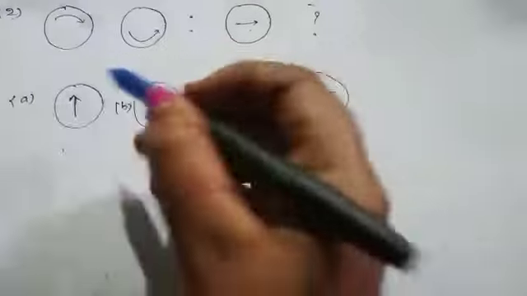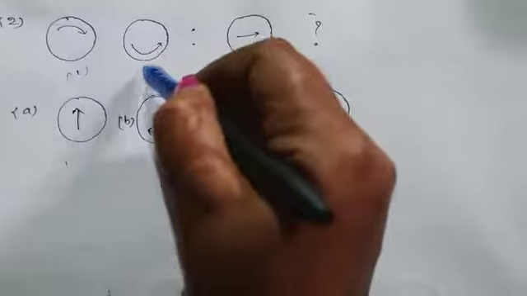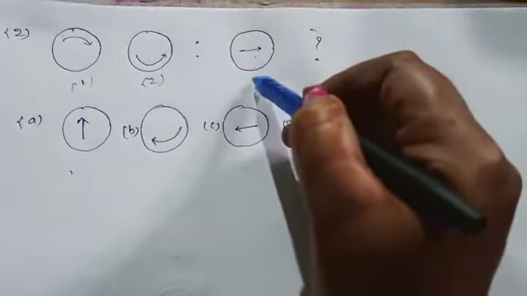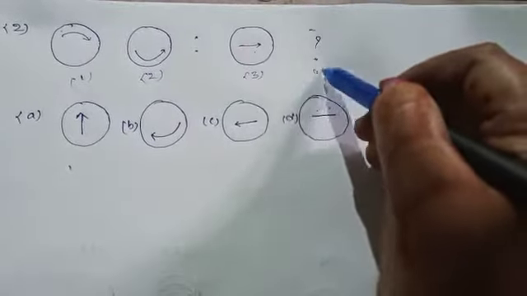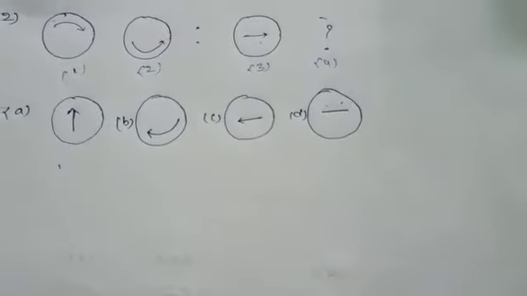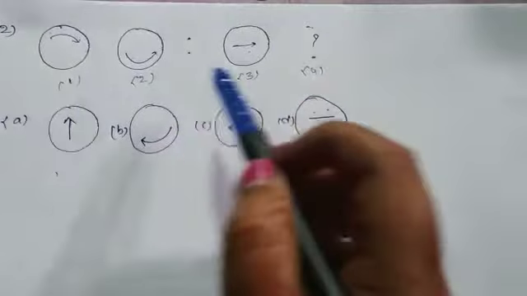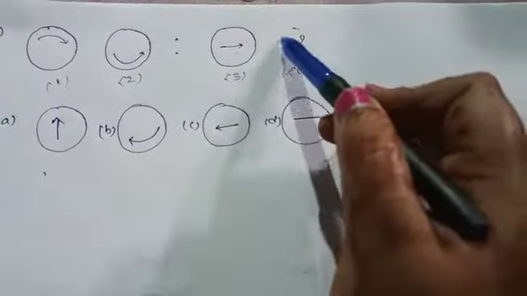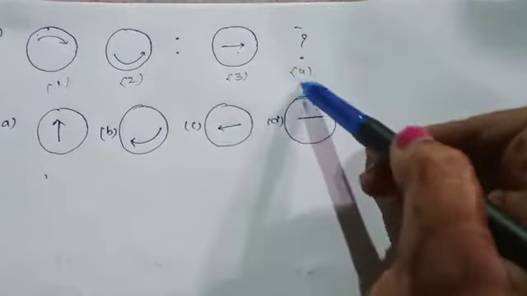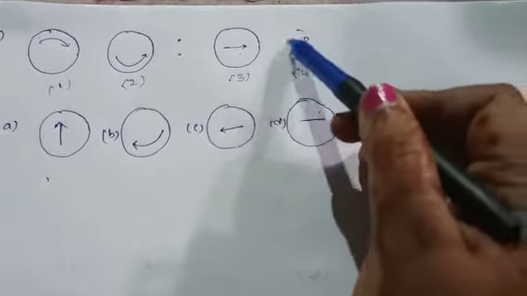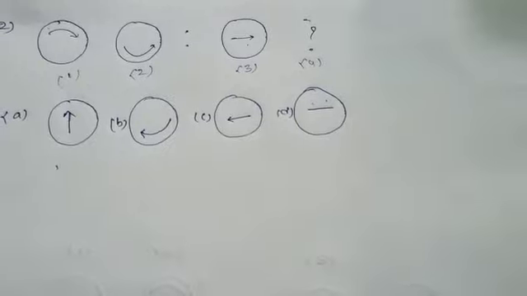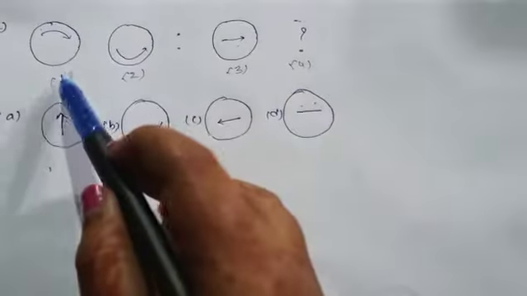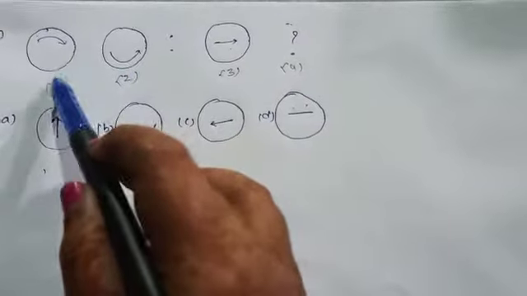Next question. Here we have 4 figures, and we have to find the 4th figure. In an analogy test, first find the relationship between the first and second figure.